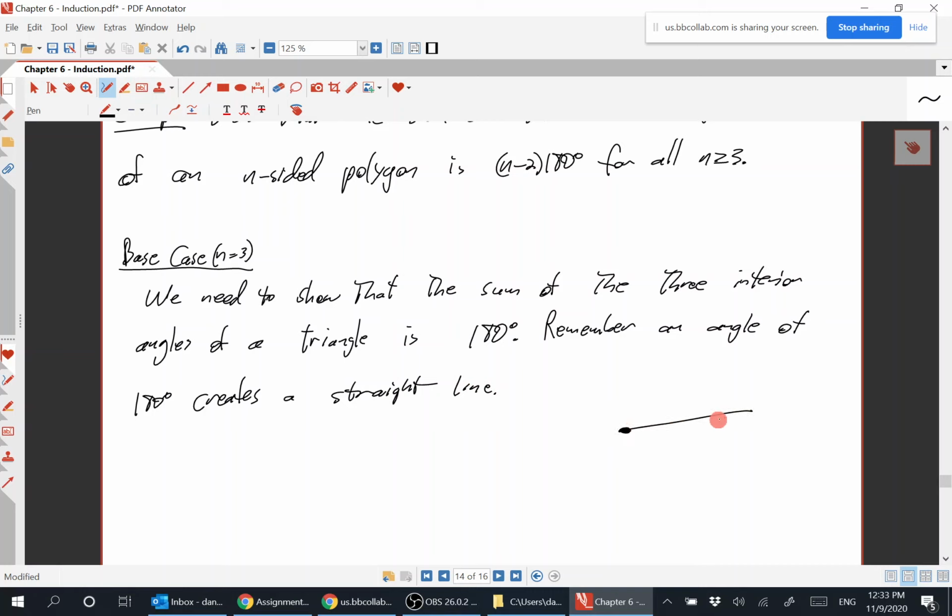So you've got your segment there, and you're going to rotate that segment a certain amount, theta, right? And then when theta equals 180, and you unfold that, you actually get a straight line. All right, halfway around a circle.